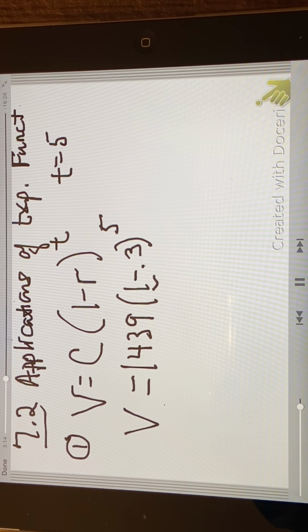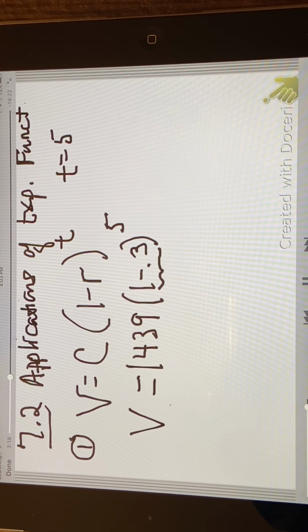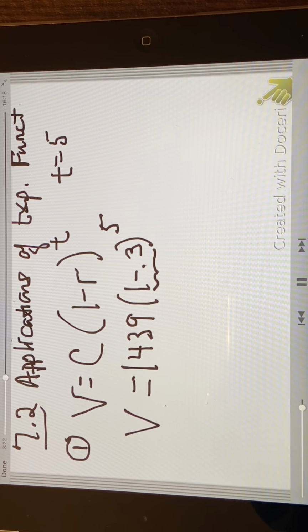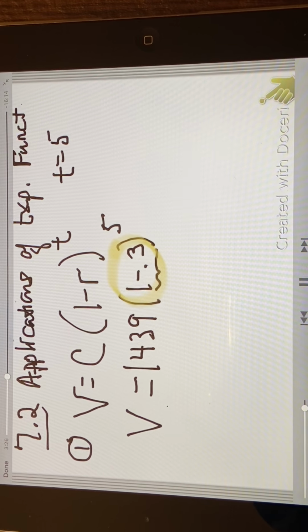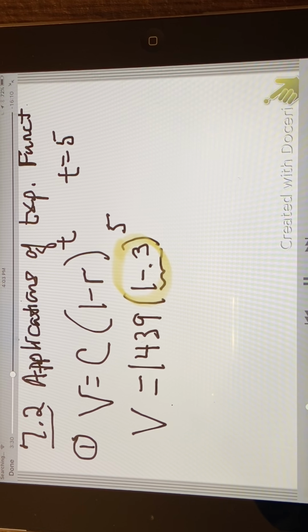So right here, this is just an example of what we would call exponential decay, because this number right here that I'm going to circle, this is like our base from our graphs. It's going to be less than 1, so it's going to be 0.7.